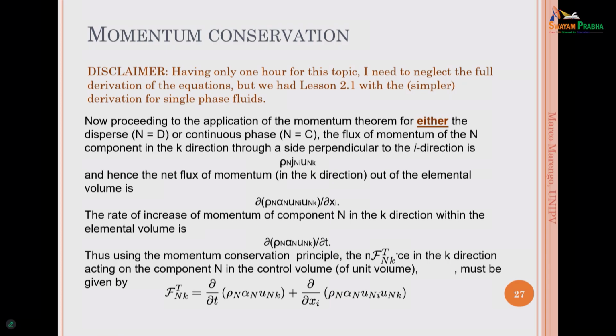So we are doing the same thing that we did during the first hour. We are doing the balance, using the momentum conservation principle, and we are landing with something that you can recognize. On this point, you have the variation in time of the momentum for the n-th component, written in terms of the volume fraction, because it's rho alpha.